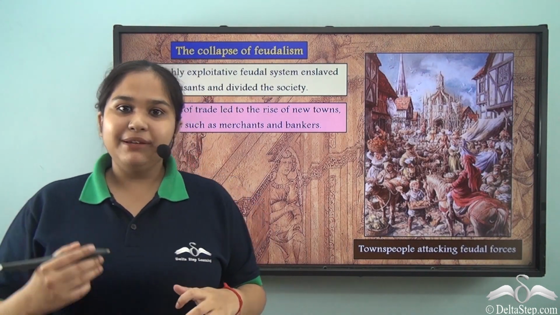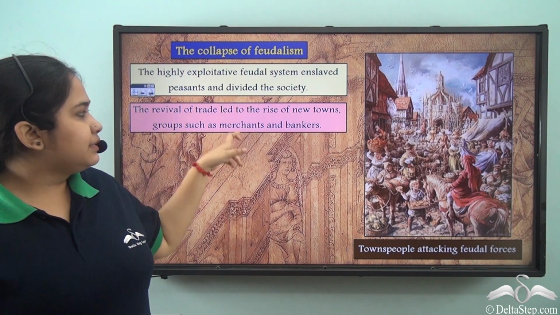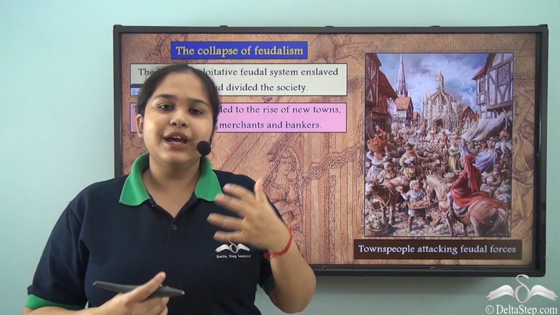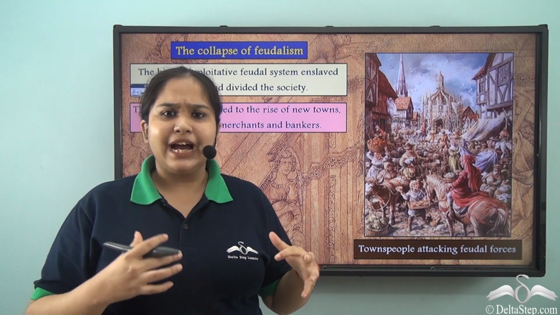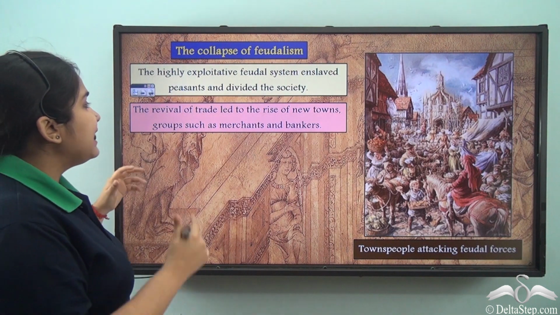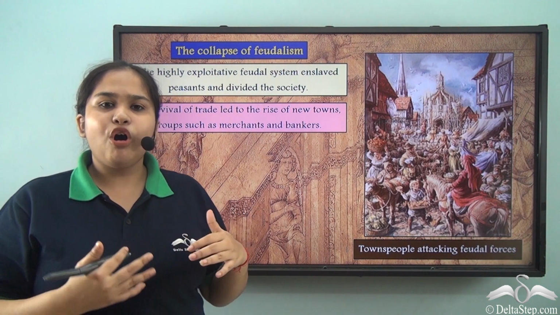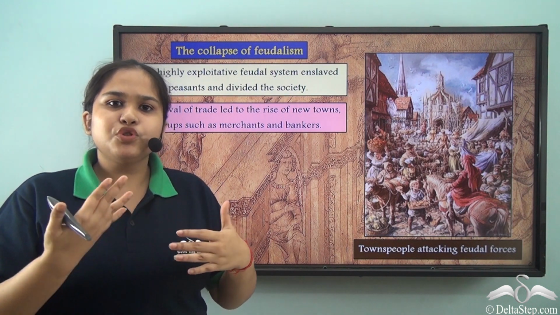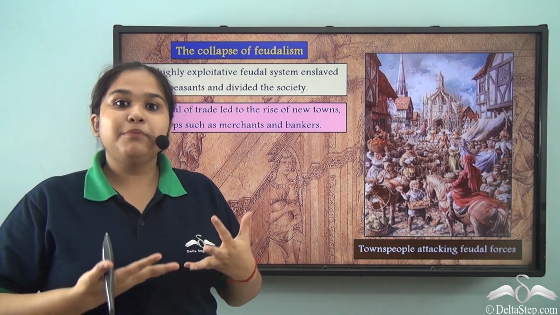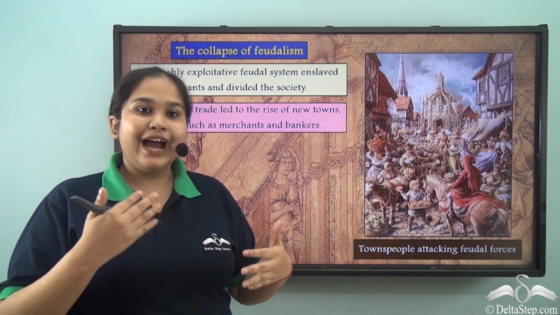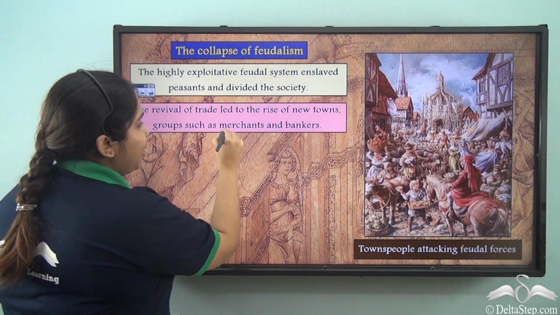After a point of time, due to the trade that we discussed, various new towns were developing, right? And these new towns saw the rise of a few new occupations, like that of the merchants and the bankers.